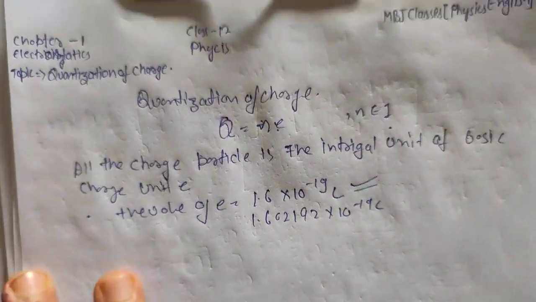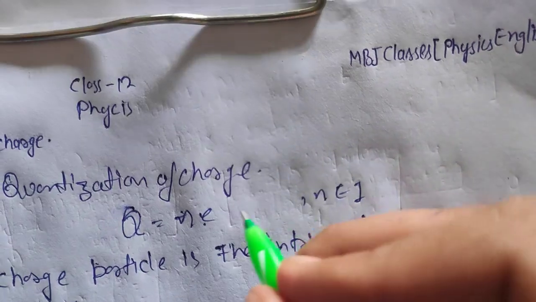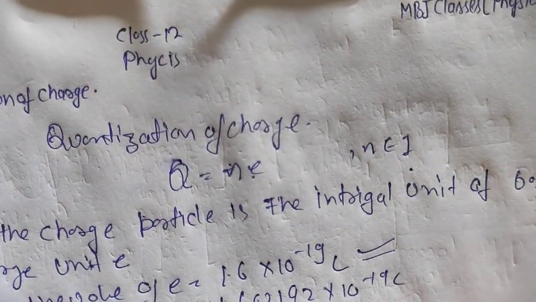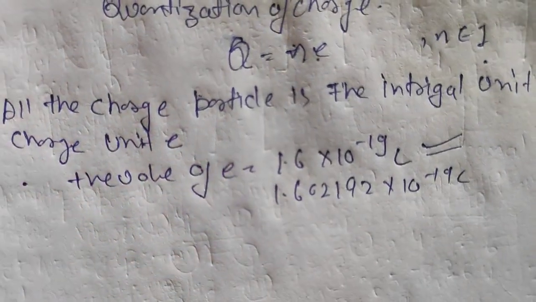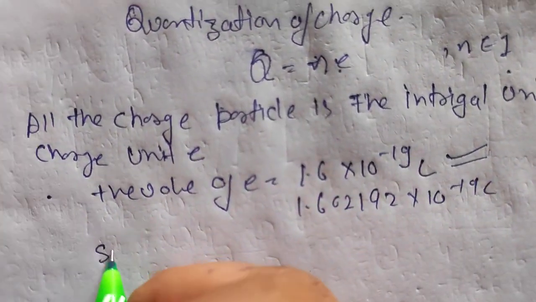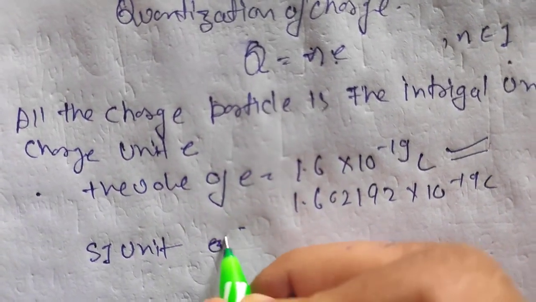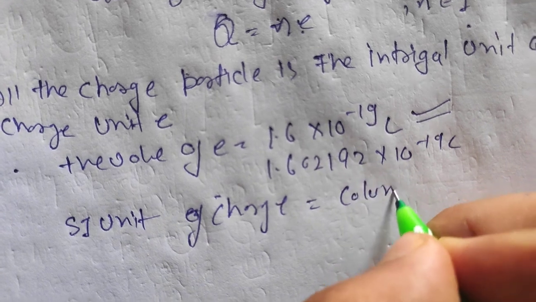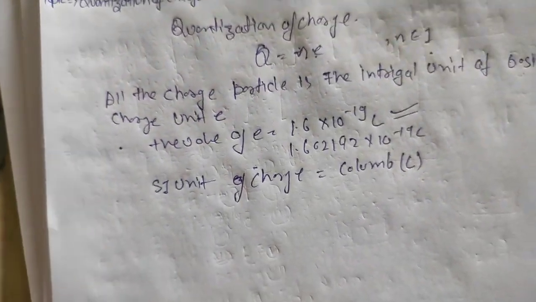The coulomb is the SI unit of charge, that is coulomb. That is also known from Coulomb's law in the next topic.